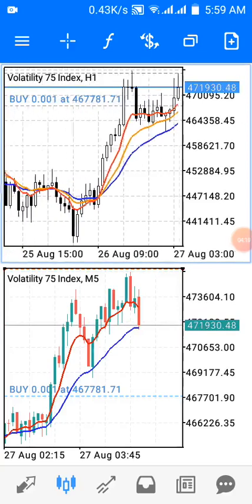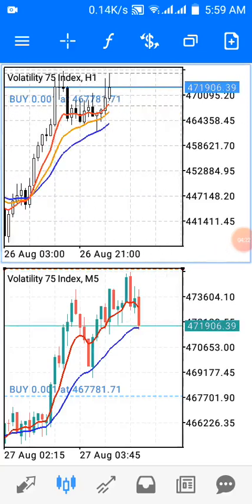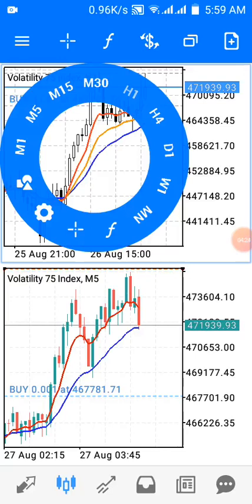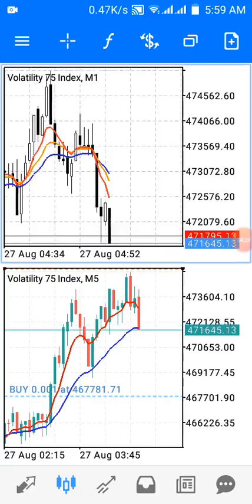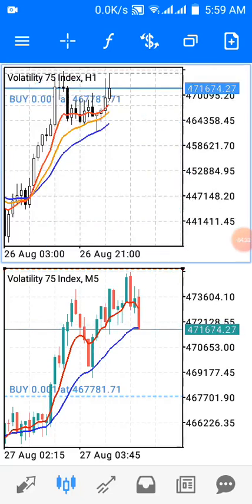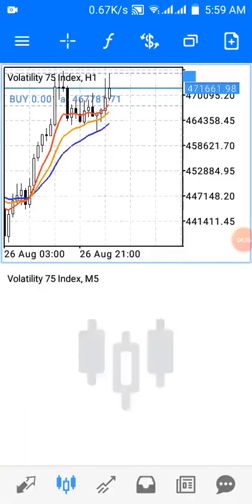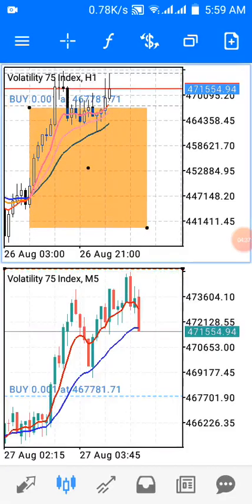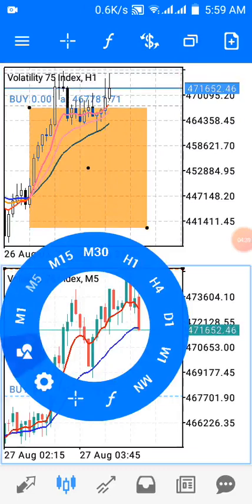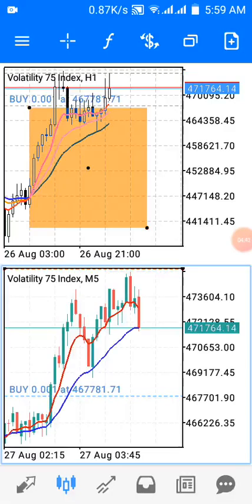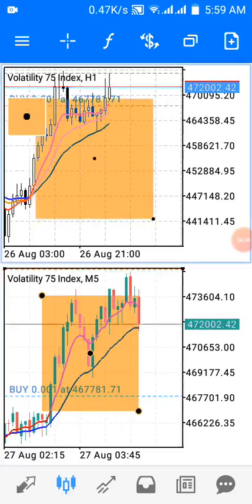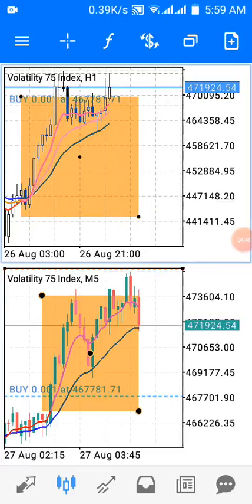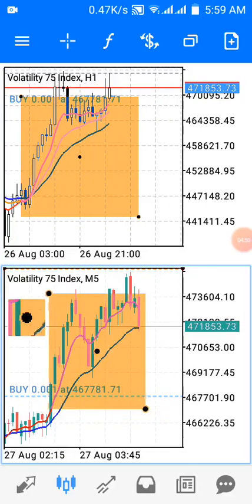I want them to align upward, like in this example, where on my upper window they are aligning upwards. Sorry, I have to take it to 1 hour time frame. This is my upper window, and this is my lower window. On my upper window I have 1 hour time frame, and on my lower window I have 5 minutes time frame.